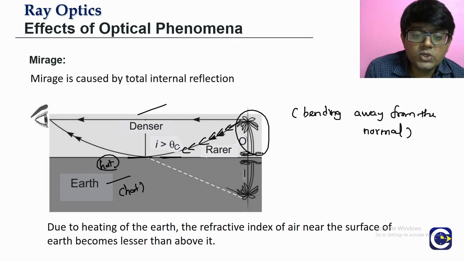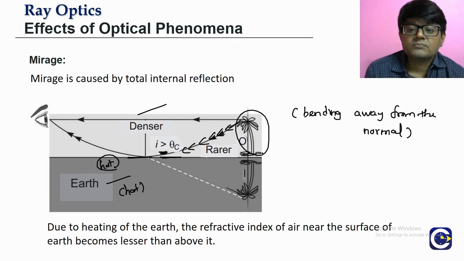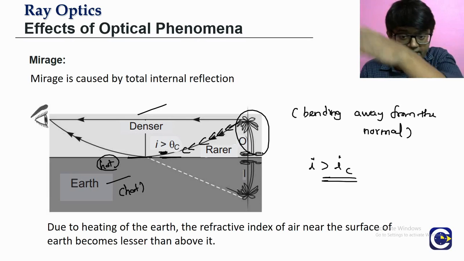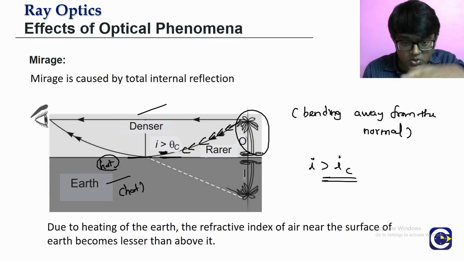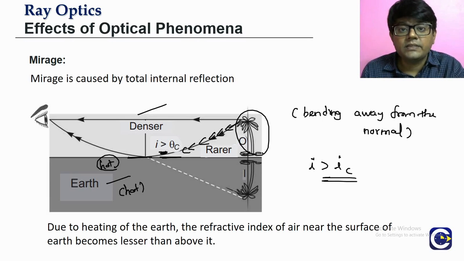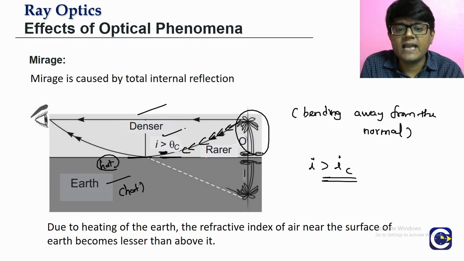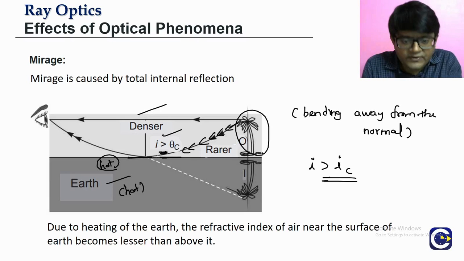Now eventually you will reach some point where the angle of incidence will be more than the critical angle, because as you come closer and closer, the optical density keeps on decreasing and the incidence angle is increasing. So you will reach a stage where the angle of incidence will be more than the critical angle. After that, the rays will not enter any further below.